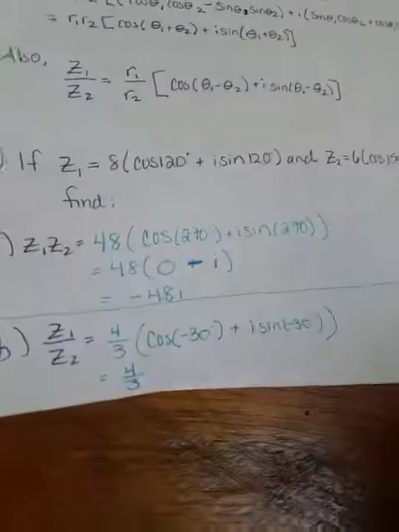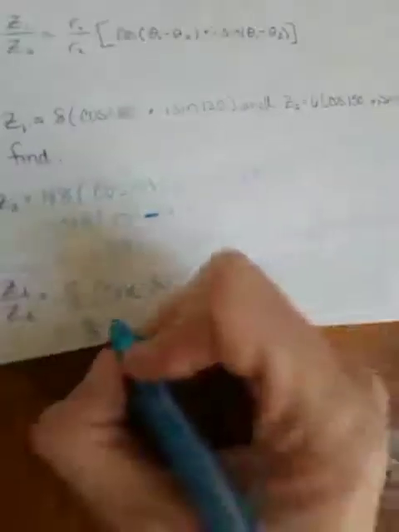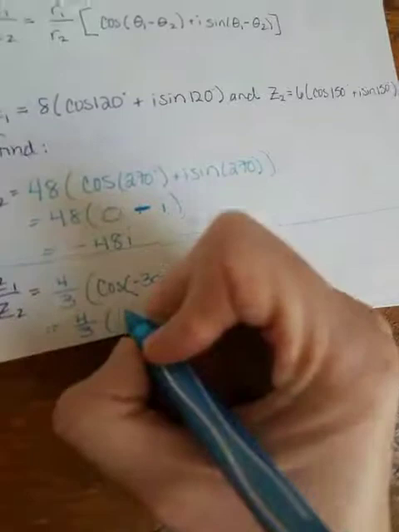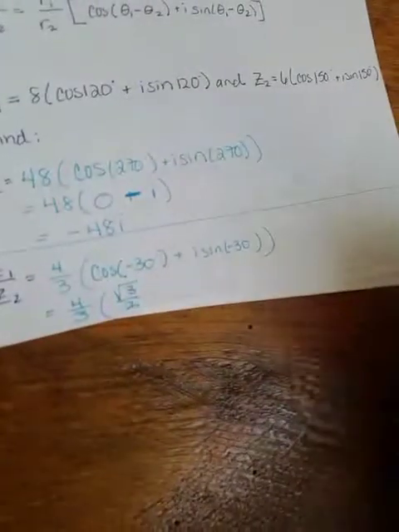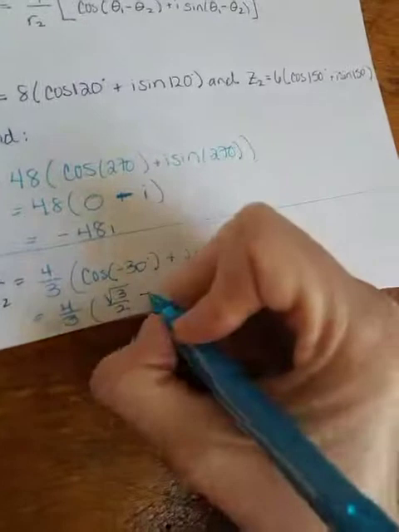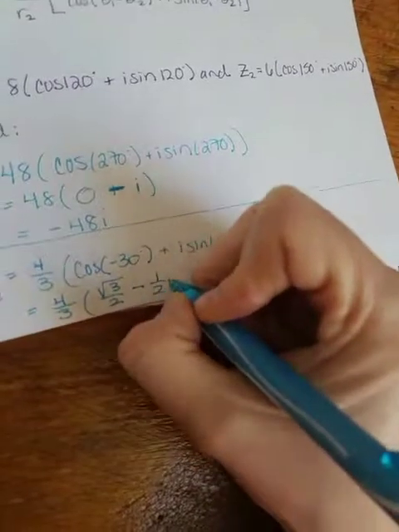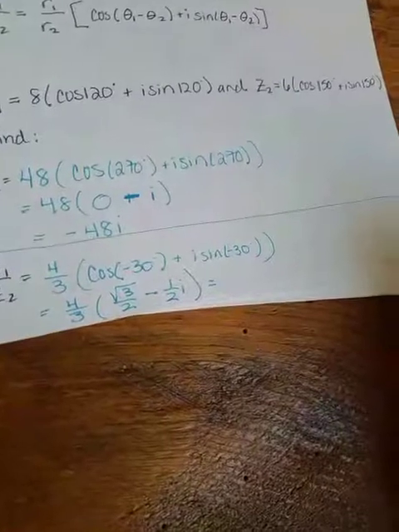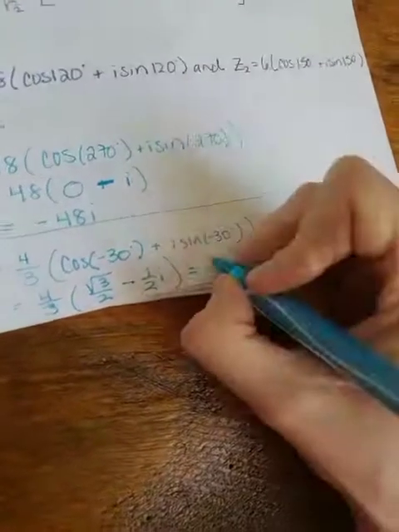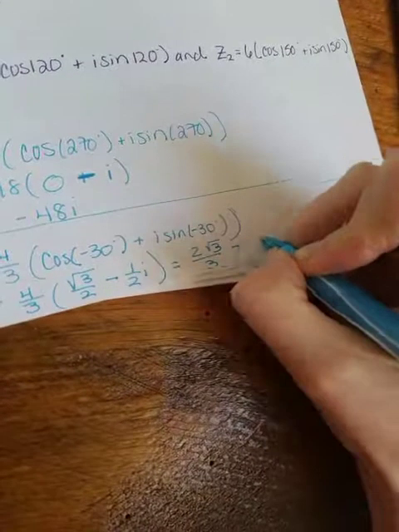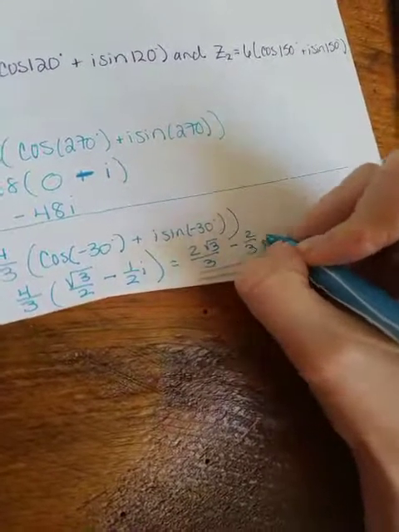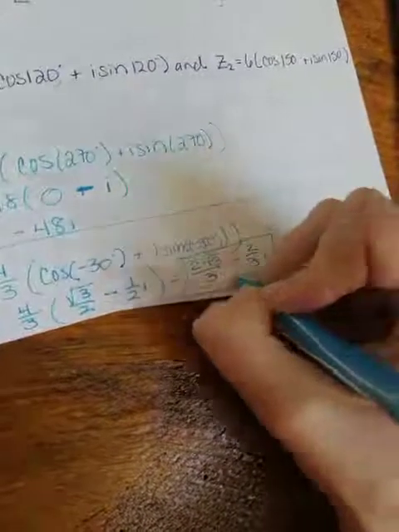I need to know what the cosine of negative 30 degrees is, that's going to be a positive root 3 over 2. And then the sine of negative 30 degrees is a negative 1/2, and then I have the i attached. So now just some simple algebra, distribute in. That's going to simplify to 2 root 3 over 3 minus 2/3 i. And notice those are written in standard form, both of those there.